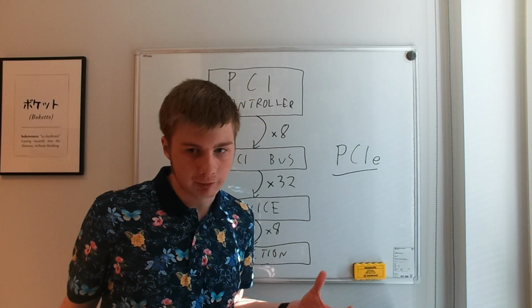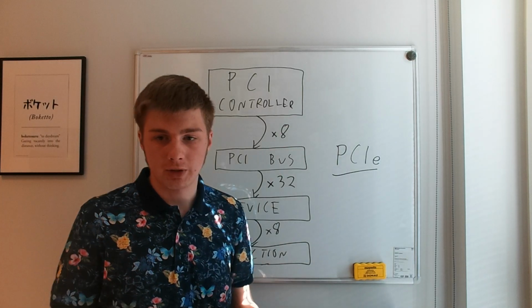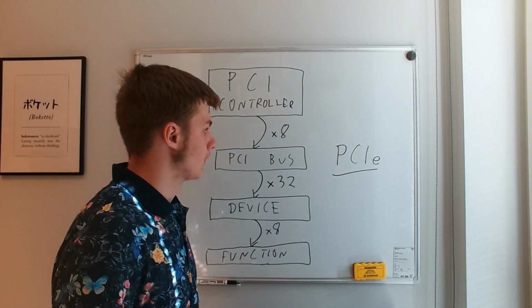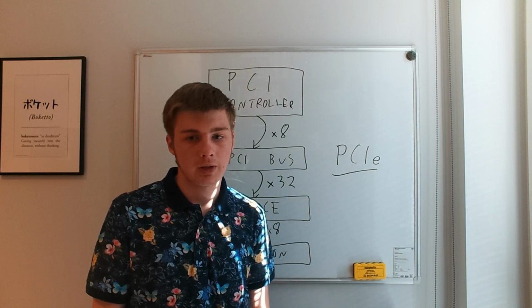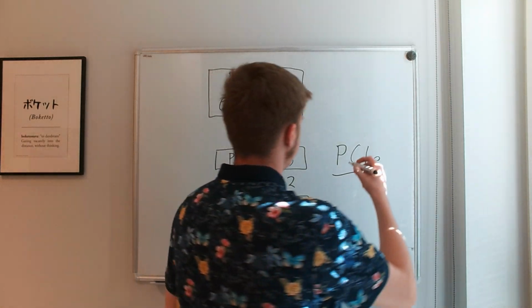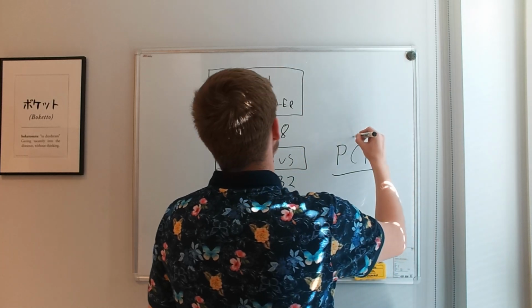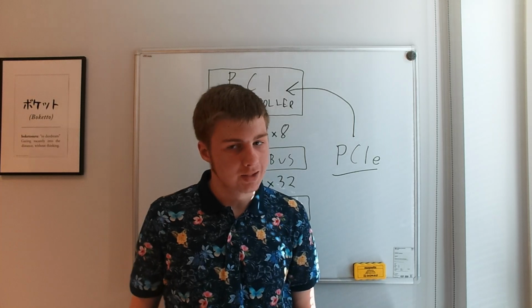So huge hardware difference. However, those are actually very similar from a software perspective. One key thing that should be mentioned is that when it comes to actual software communication, PCIe from a software perspective is actually backwards compatible with PCI.